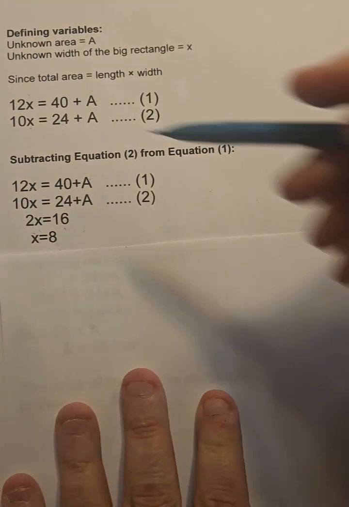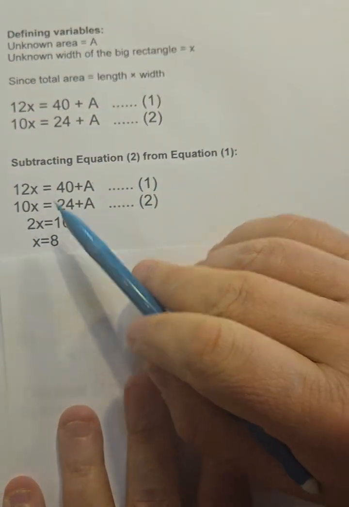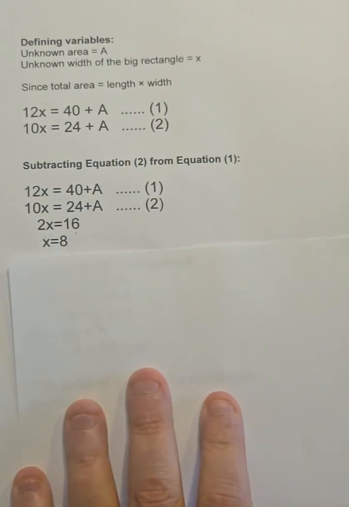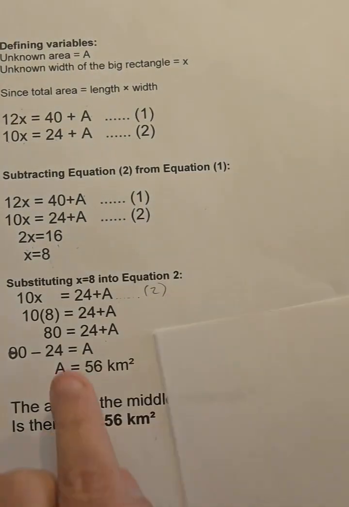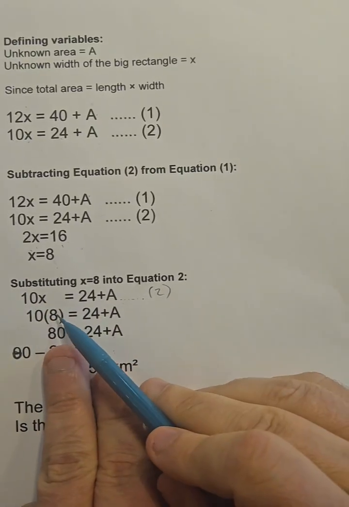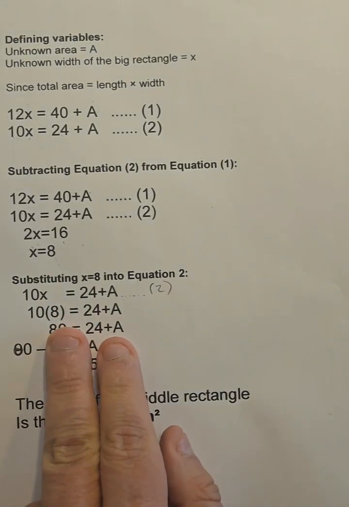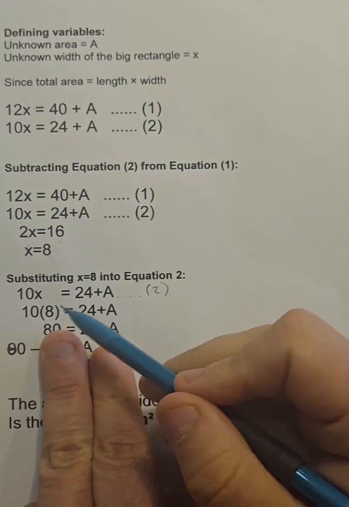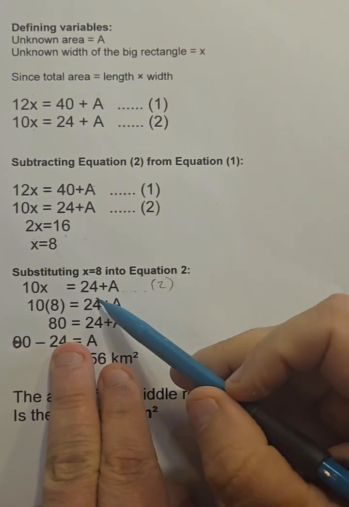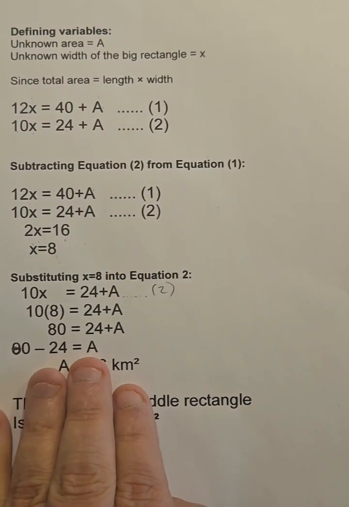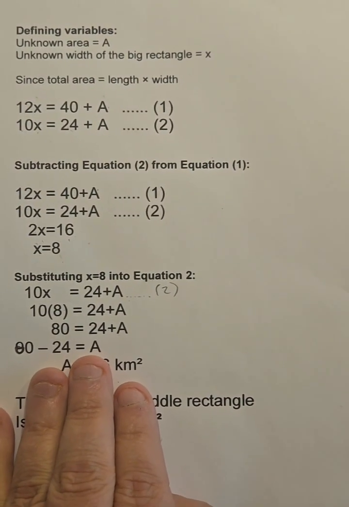I can take either of these two equations, put that 8 in to solve for A. I chose the bottom one because it's easier numbers. There I rewrote that equation too. I substitute that 8 for x, and we solve for A. 10 times 8 is 80. 80 is 24 plus A. And once again, it's a balancing scale.